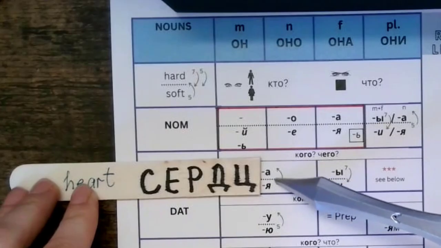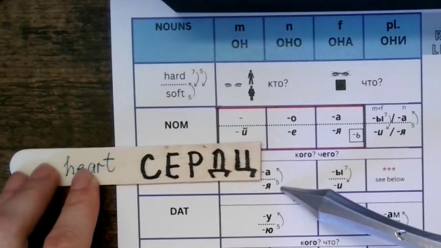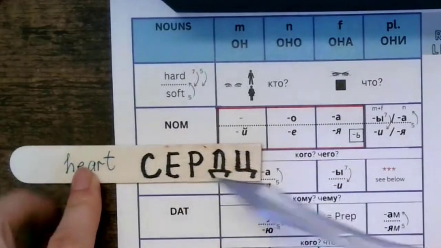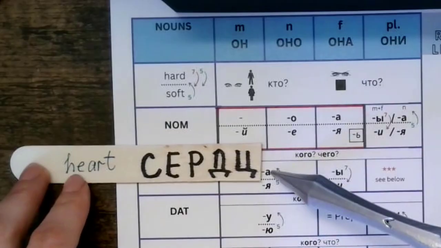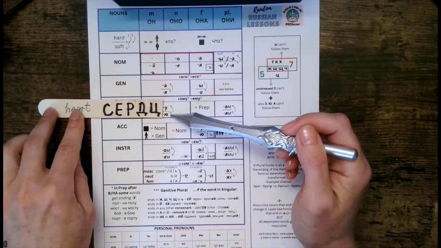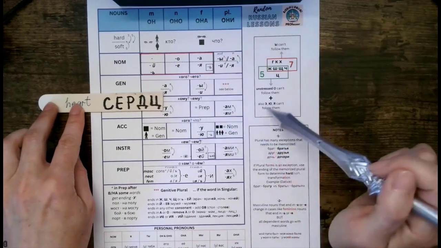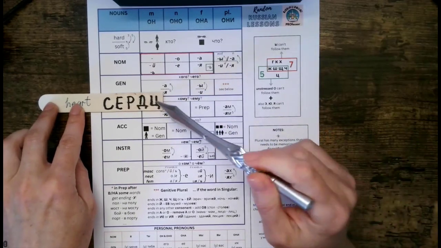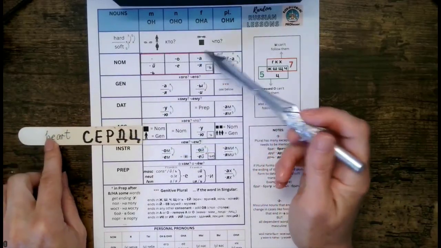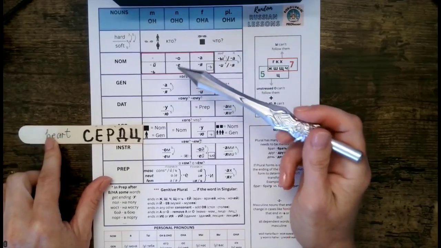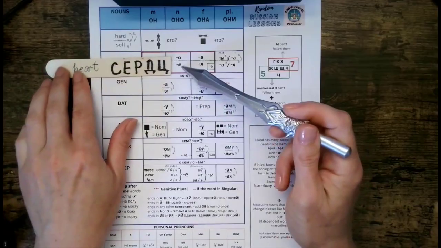But as you can see, it's affected by the 5-letter rule. So the genitive form for the word сердце is actually going to the hard ending, сердца. We go here to the soft one, and again it's affected, so we have to go to u, because remember these letters cannot be followed by ю: сердцу. For accusative, сердце is a something, and neuter words are the same as nominative, сердце.